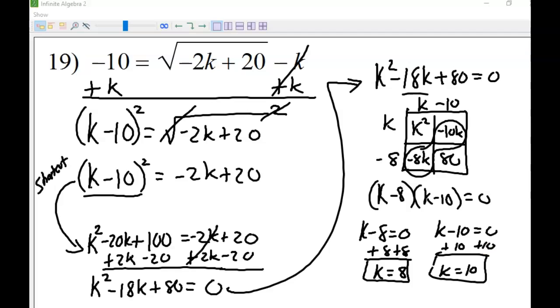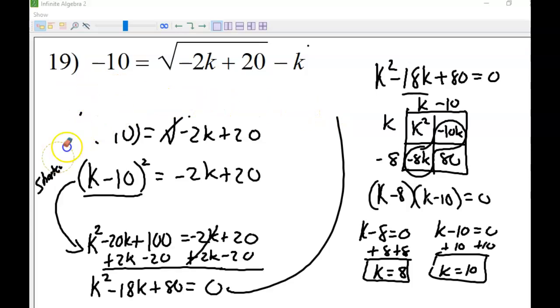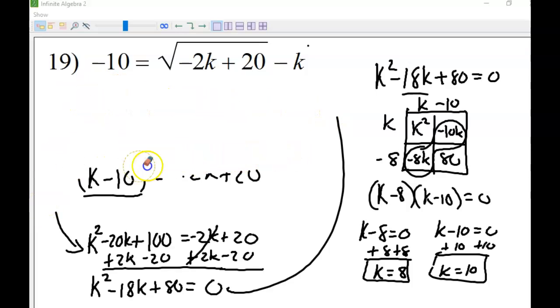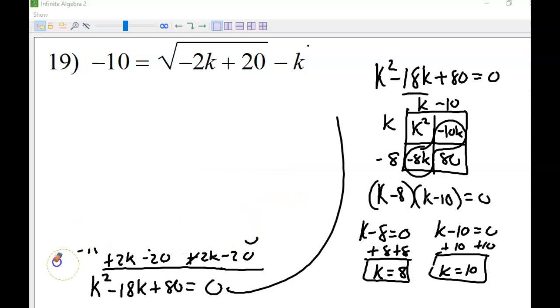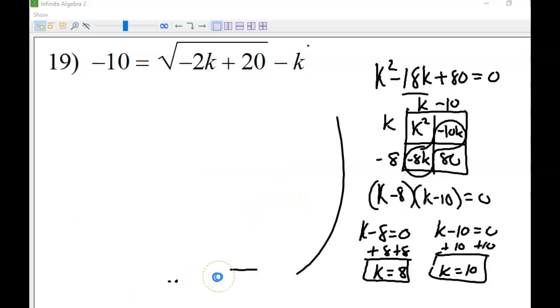So let's take a look at this one here. I think one of them might actually not be allowed, maybe even both of them. Let's see. So our two answers that we got were 8 and 10.